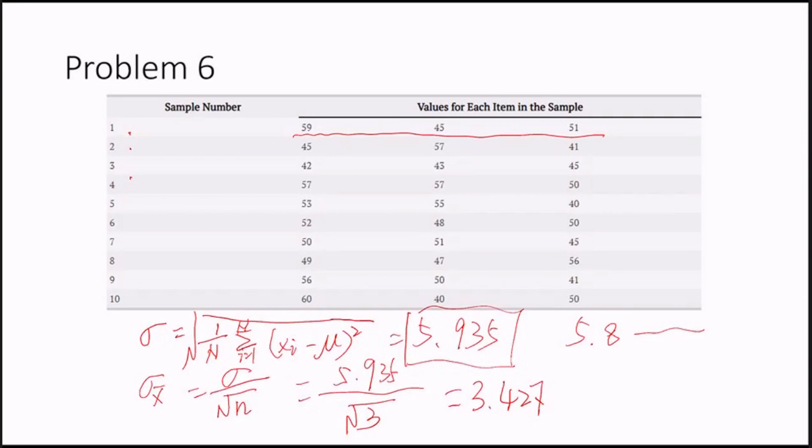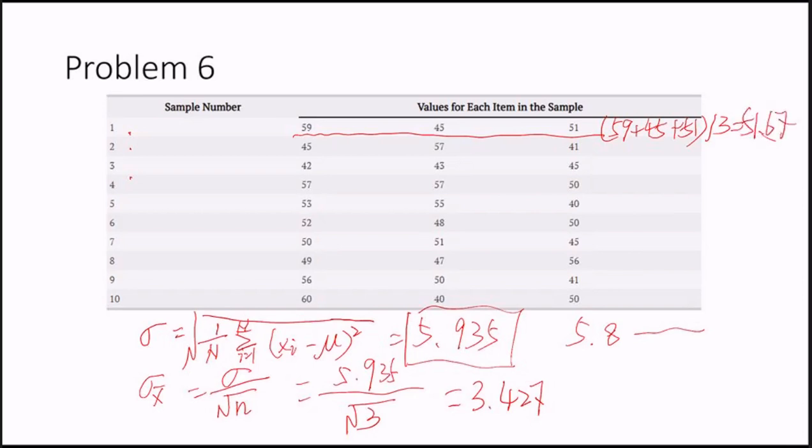We have 2 ways. The first way is that we calculate the average for each sample, and then we calculate the average of sample average. So we use 59 plus 45 plus 51. We sum all of the 3 numbers together and divide by 3 to obtain the average for sample 1, which is 51.67.